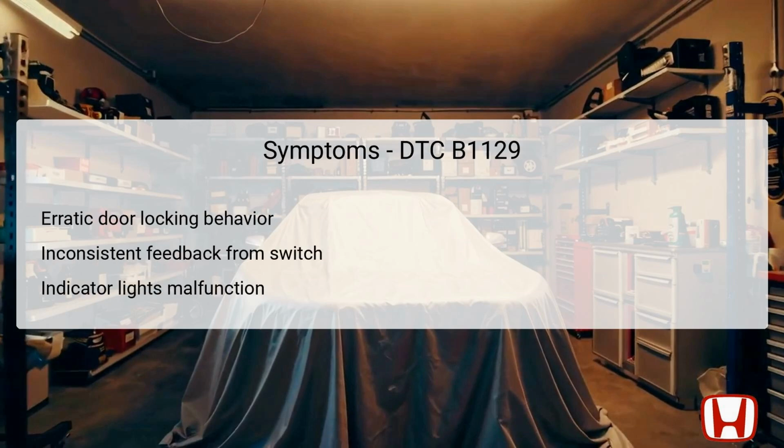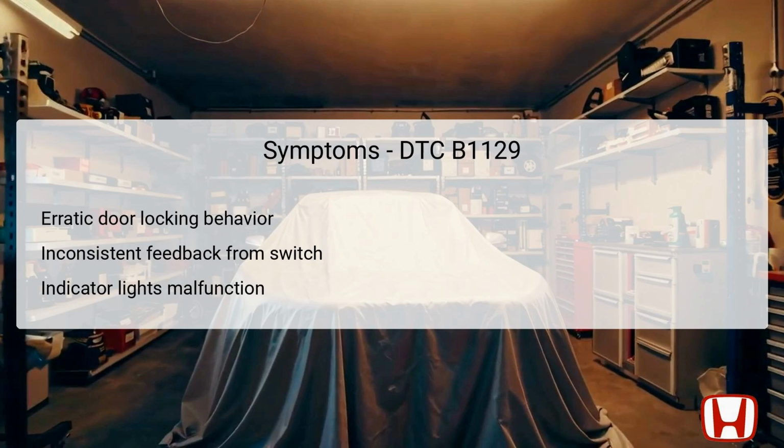When DTC B1129 is present, several symptoms are likely to manifest. The most common issue faced by drivers is erratic behavior in the door locking mechanism. This means that when the driver attempts to lock or unlock the doors, the system may fail to respond appropriately.